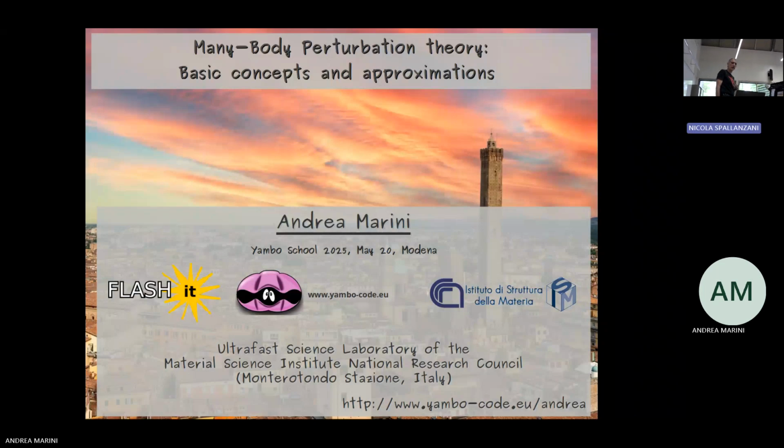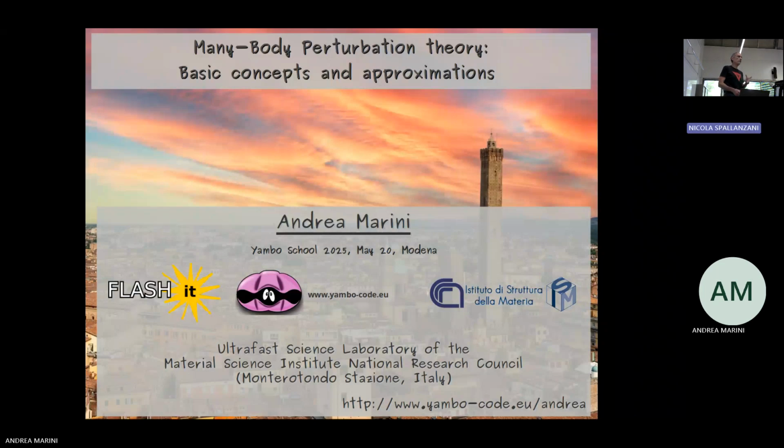Many-body perturbation theory has a long history, starting from the 30s and 40s, and conceptually it is a son of high energy physics. Quantum dynamics and quantum fields were introduced, and then people started applying them to condensed matter.